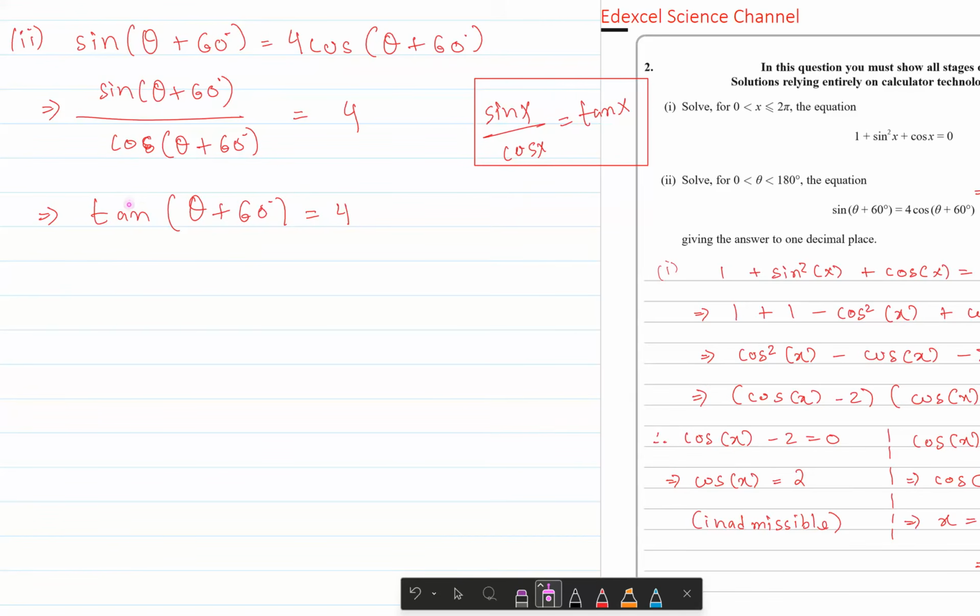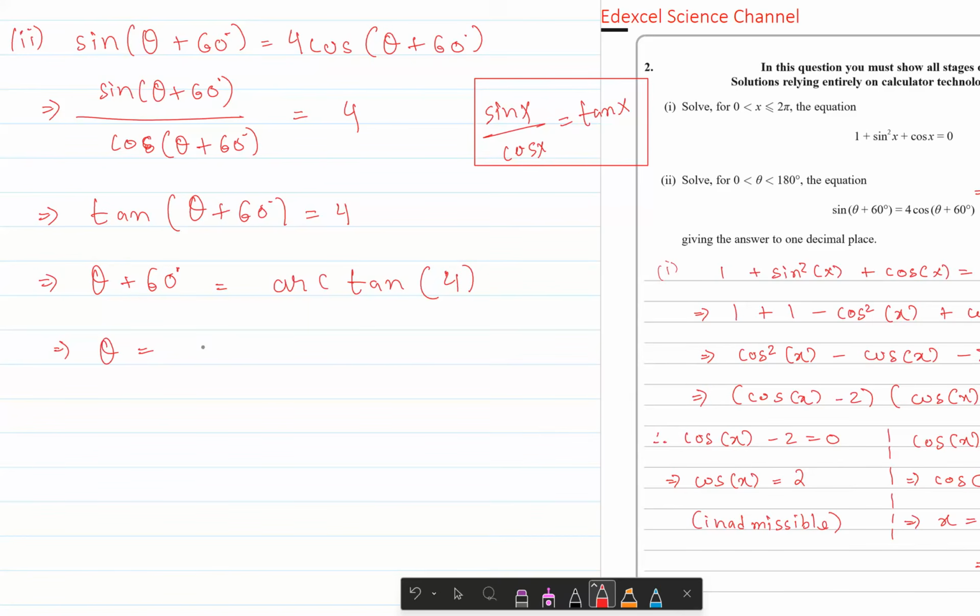It will be easier for me to move this tan to the right hand side as tan inverse. But I was not able to do any of this in the beginning stage. So θ plus 60 degrees is arctan 4.